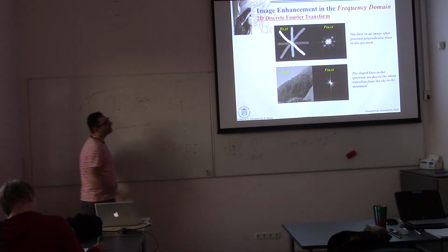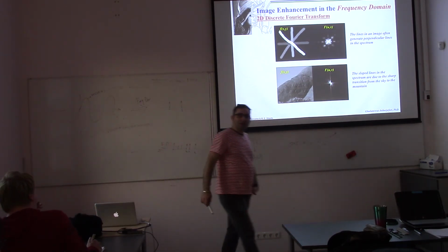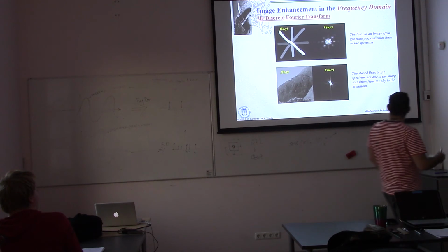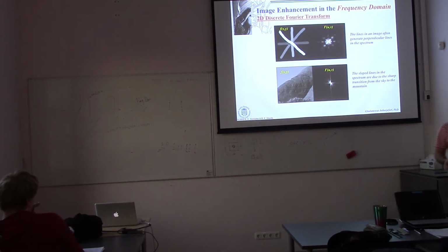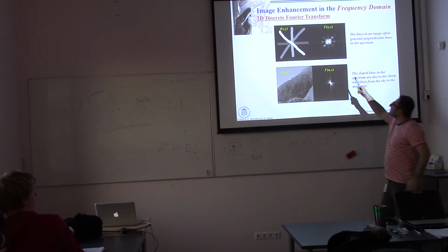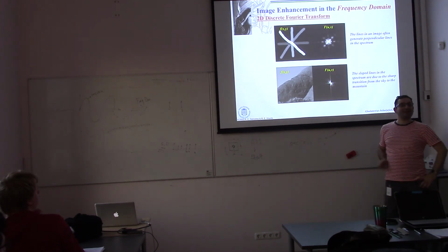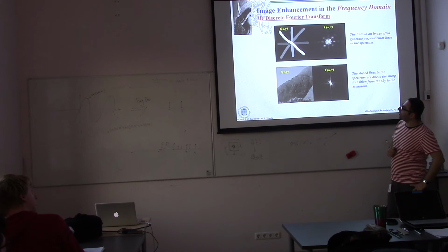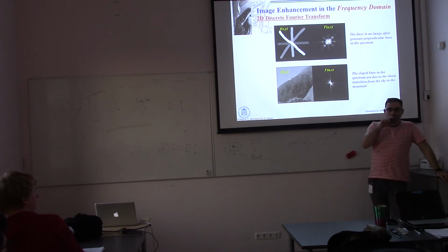So here is another example. We have 4 directional lines, and when we look at the Fourier representation, we will be able to see these directions, right? By looking at this, you see that okay, such a direction already exists. Why?